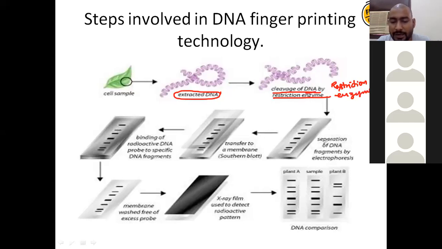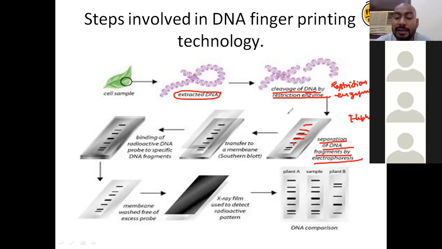Ultimately, separation of DNA fragments by electrophoresis. Through electrophoresis, different DNA fragments are separated, because DNA molecules are otherwise scattered. When you perform electrophoresis, the DNA molecules are separated on the basis of their size.